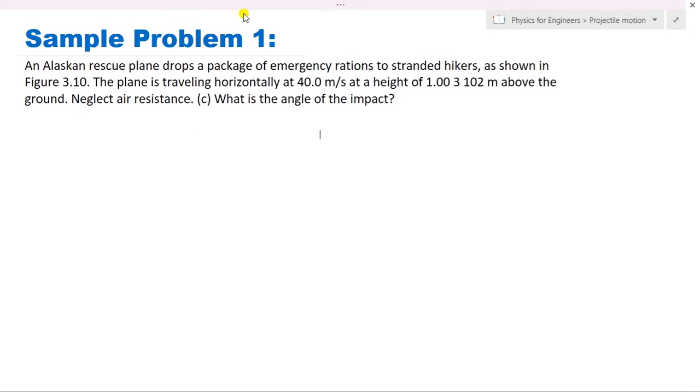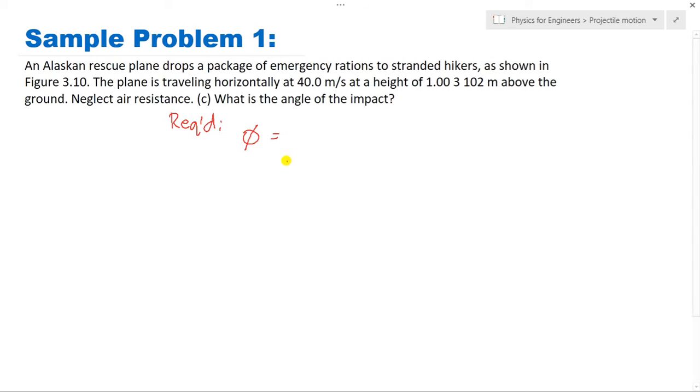Again, problem 1 pa rin, but the third requirement tayo. So again, same problem, Alaskan rescuer plane, dropping a package. So the next requirement is the angle of impact. So we have phi. Diba? Remember when I discussed to you the parts of the projectile motion diagram.